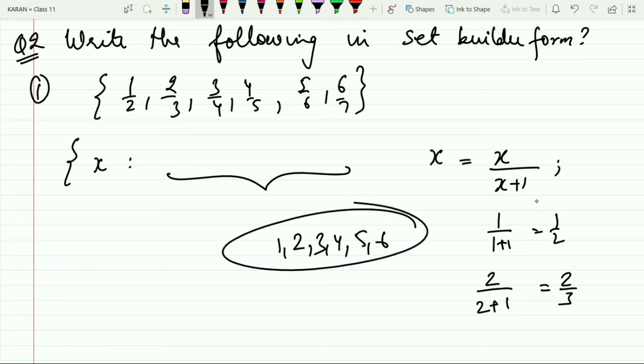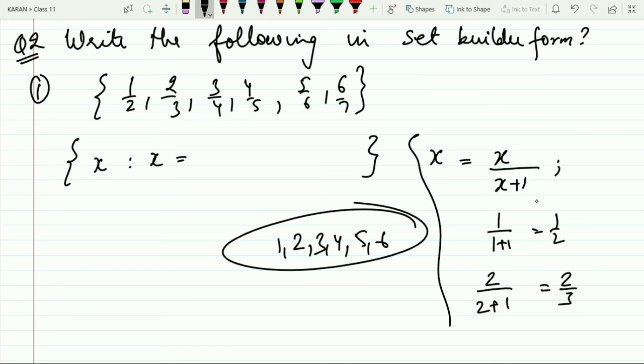Nothing more than that. So that is the condition, right? Now let me write the condition. Collection of all x such that x can be written as n upon n plus 1, where n is coming from natural numbers, and n must be greater than or equal to 1 and less than or equal to 6.